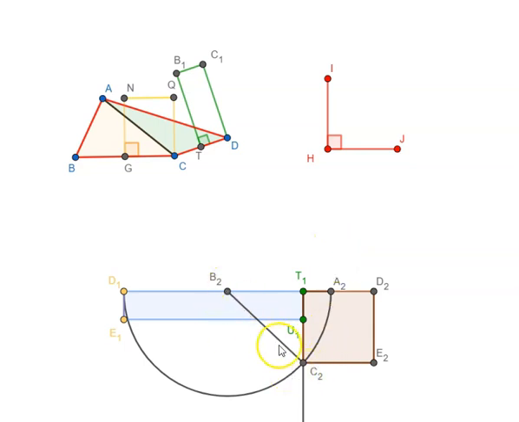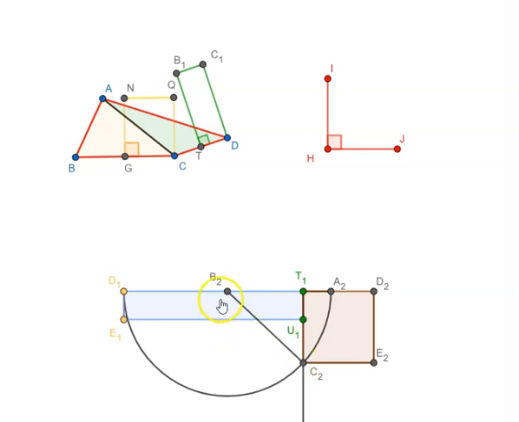But B2 C2 and B2 A2 are both the same because they are both radii of the same circle. So our equality will become D1 T1 times T1 A2 plus B2 T1 square is equal to B2 C2 square, because B2 A2 and B2 C2 are equal.